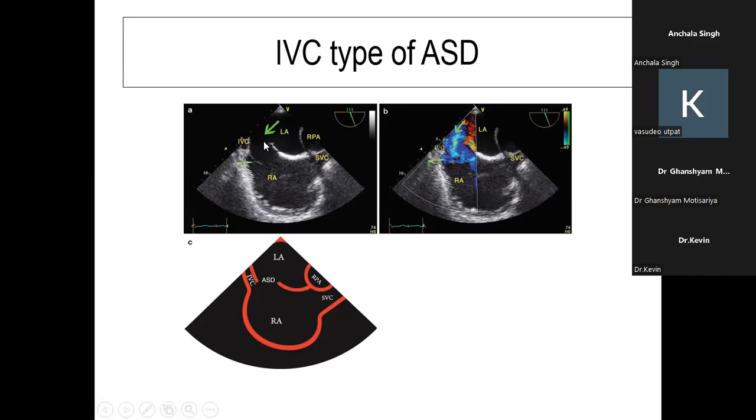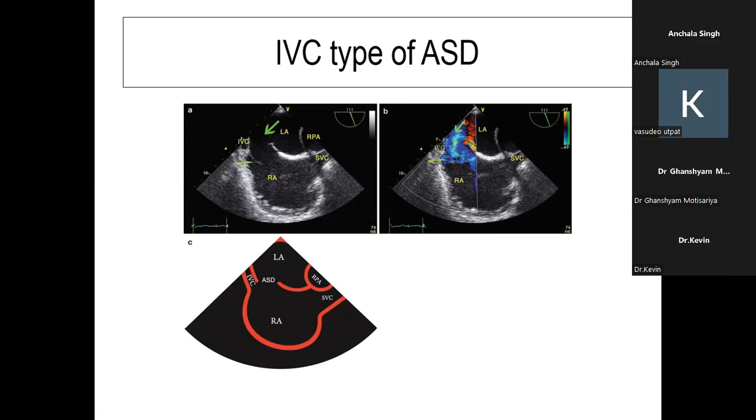So this is the best way of looking at a sinus venosus type of ASD, and you can really measure its size. We can suspect it by contrast in the apical four-chamber or subcostal view, but to confirm, we have to do a transesophageal echo. It is difficult to see in transthoracic echo.